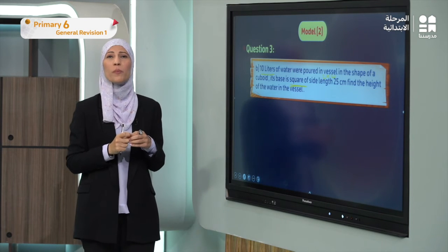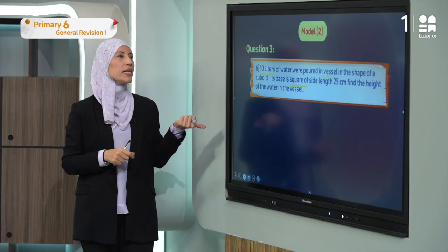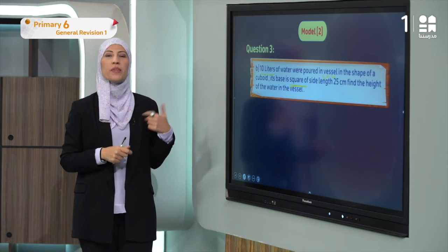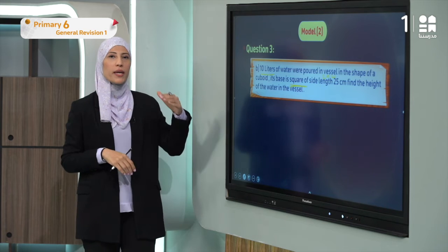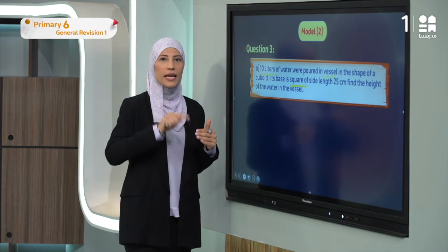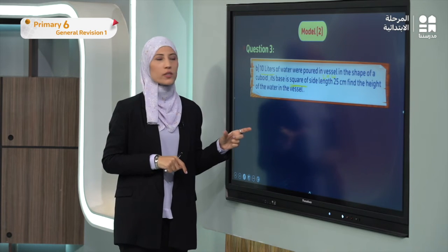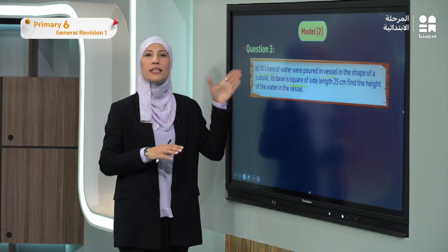Can you remember the rule of the height? Yes. He gives me the dimensions and the capacity. So how can I find the height? By making height equal capacity divided by length times width. There is a point I have to take care of: I have 10 liters, and I cannot calculate with 10 liters.